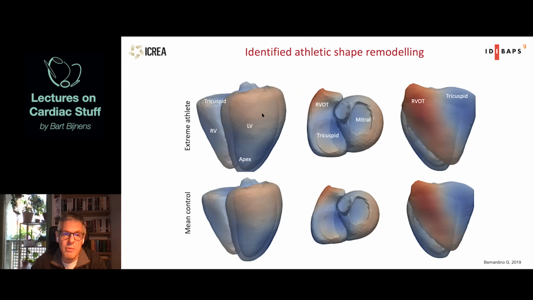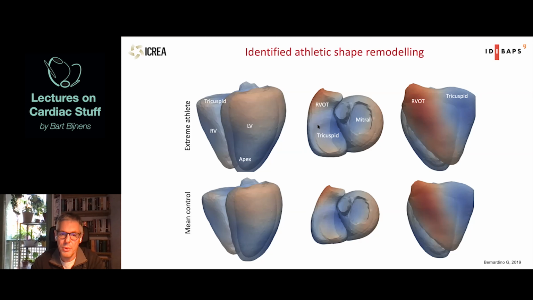And what you see, in general, when you look at the most athletic athletes, or the extreme remodeling of the athletes, is that first of all there are some changes in the left ventricle, which we expect, and which would predominantly be dilatation. There might be some regional differences there, but not enormous changes.